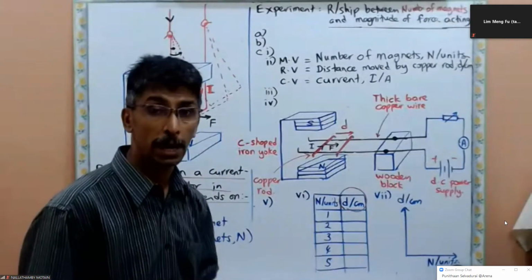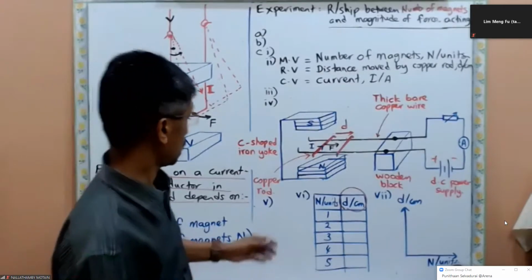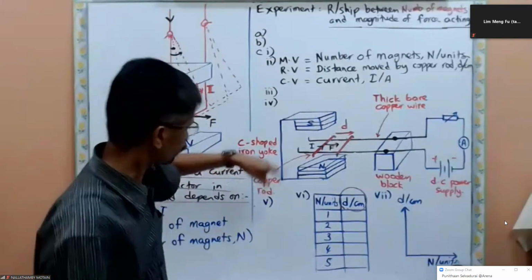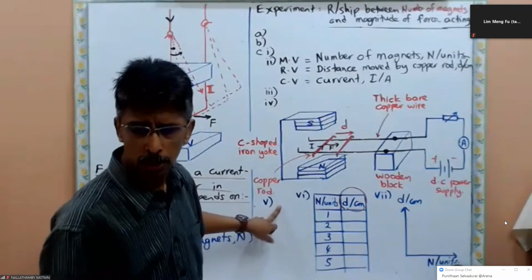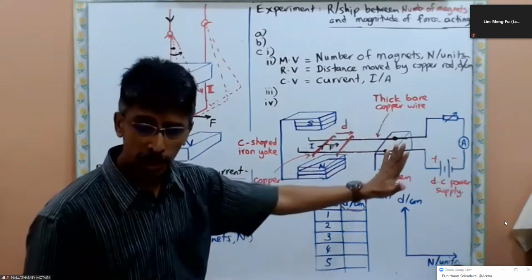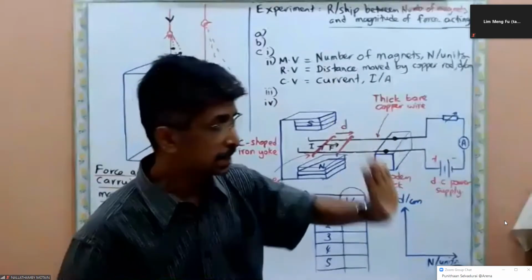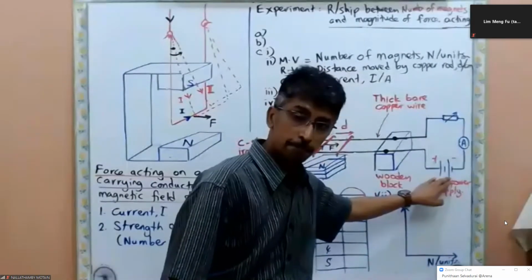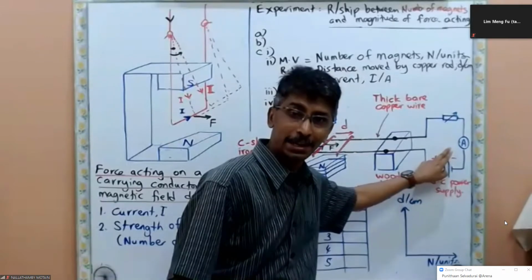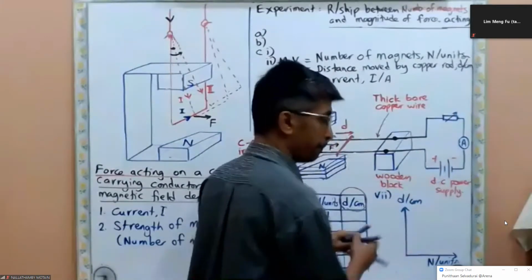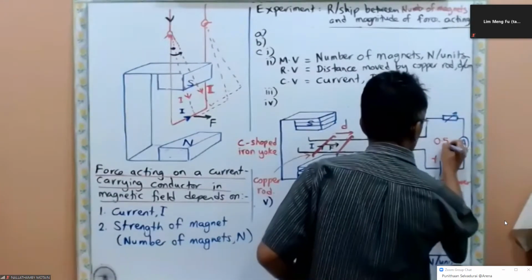We come to comparison, in terms of comparison. And then for the procedure, what you need to tell is, same as now, no need to copy. Just listen. Switch on the circuit. Adjust rheostat until current flow becomes 0.5 ampere.